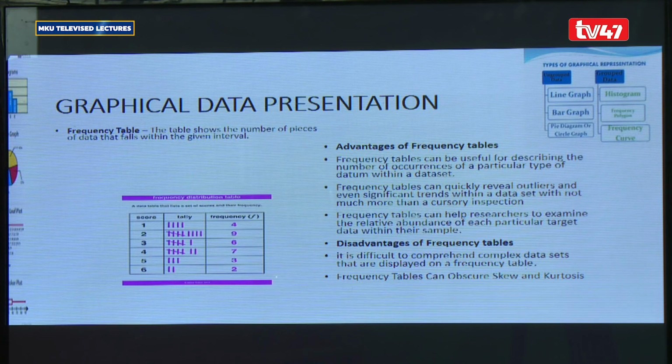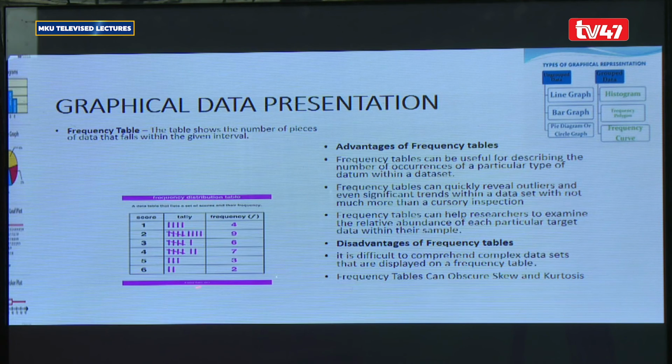And then we have the frequency table. The table shows the pieces of data that fall within the given interval range. You can see these are the scores, these are the tally, and these are the frequencies. If you count this, they will give you the frequencies. And we can say it is able to present a great amount of data, and it can show the outliers.